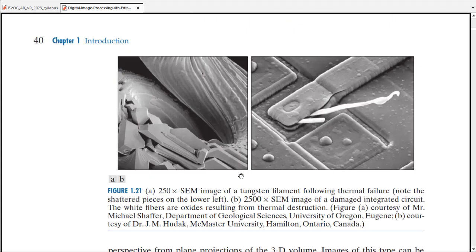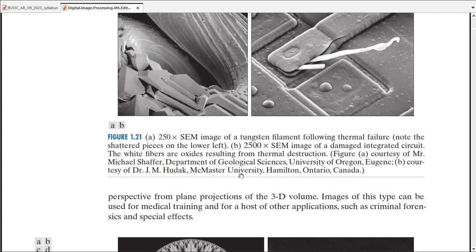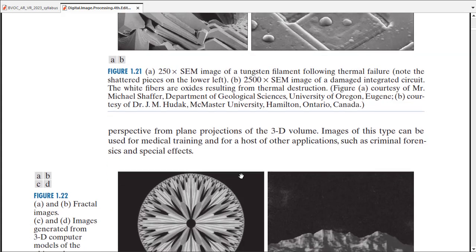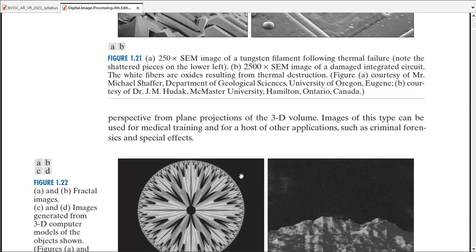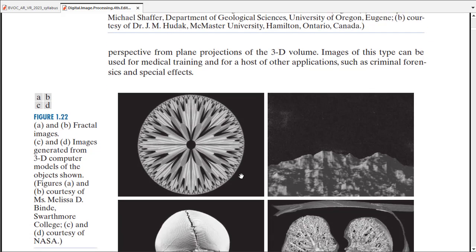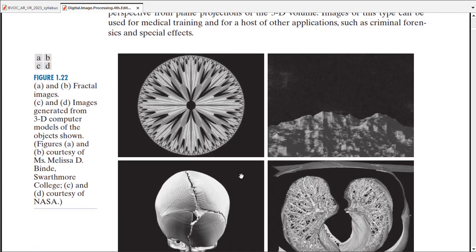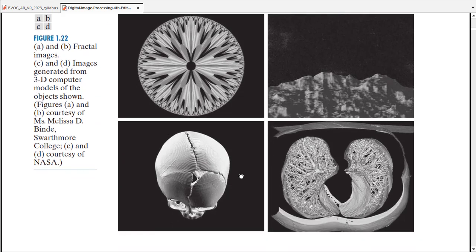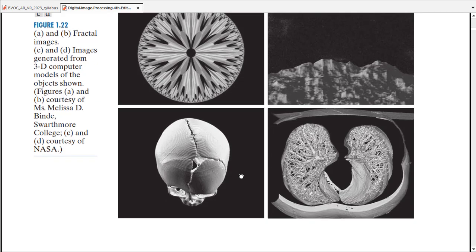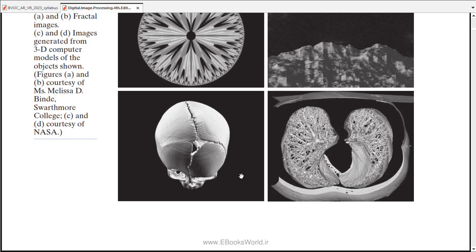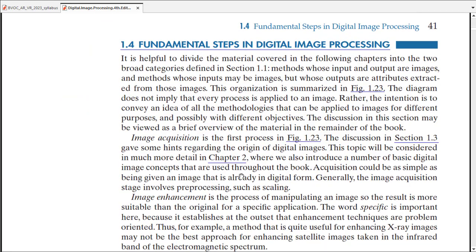Then there is SEM image analysis, for example of a thermal failure. The fractal image is generated from 3D computer models of the object shown, courtesy of Melissa D. Wilde and Swarthmore College, and NASA.